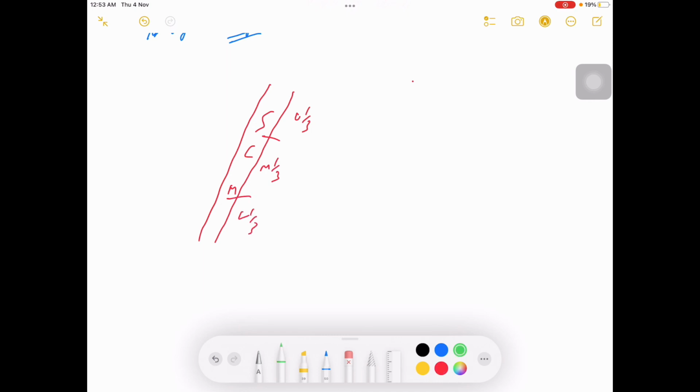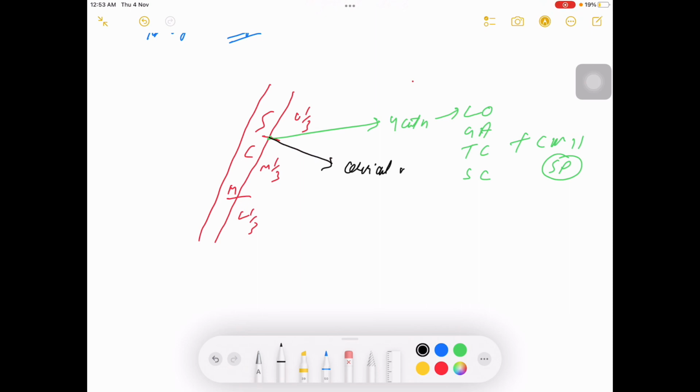Over here at this junction you have all four of those famous cutaneous nerves: lesser occipital, greater auricular, transverse cervical, and the last one being the supraclavicular, plus cranial nerve 11, the spinal part of it. Okay, since this is also a site of cervical nerve block.